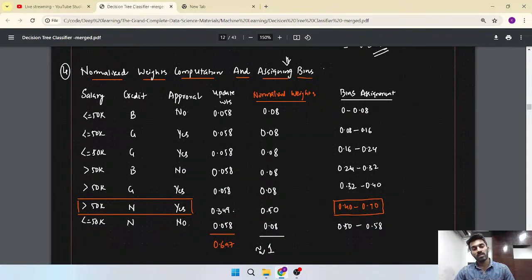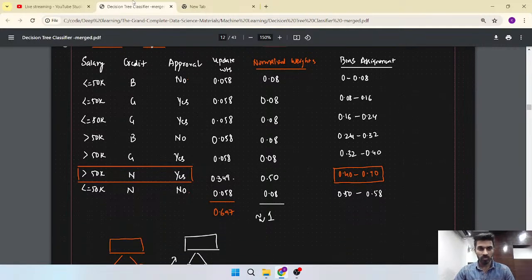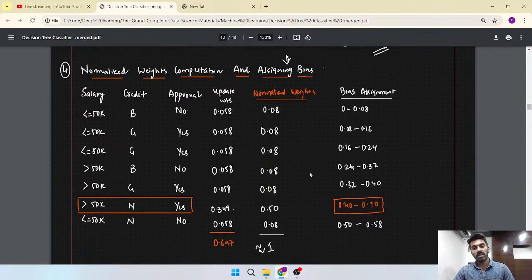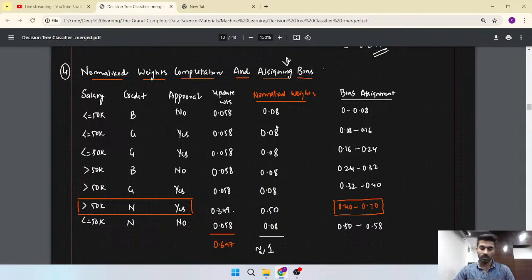So by normalizing this weight we will get the sum approximately equal to 1, or equal to 1. And then you have to create a bucket for that. Here you can see that the bucket size of this wrongly classified data will be 50%, and for every other record you have given 0.008, 0.08, something like that.